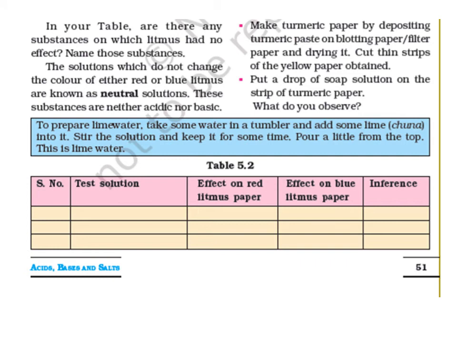The stain will change color to reddish brown. As you wash that stain again, the stain will change back to its original color, that is yellow, the turmeric color it will regain.